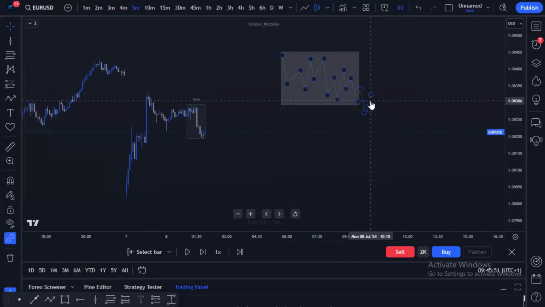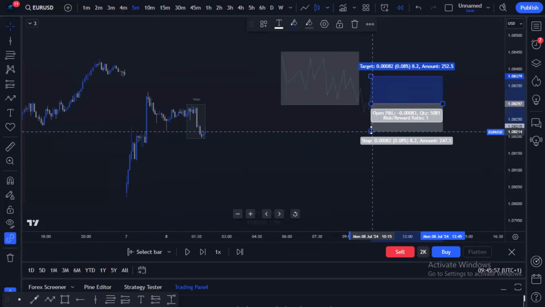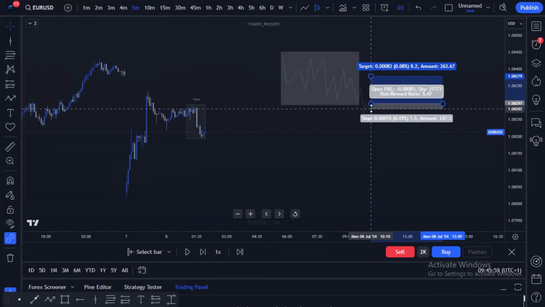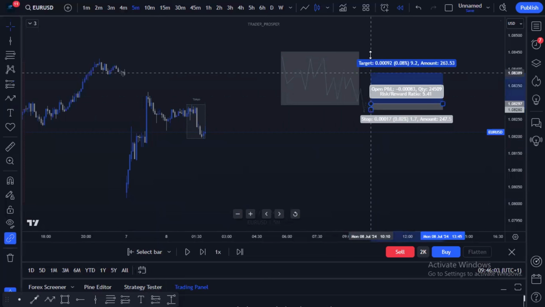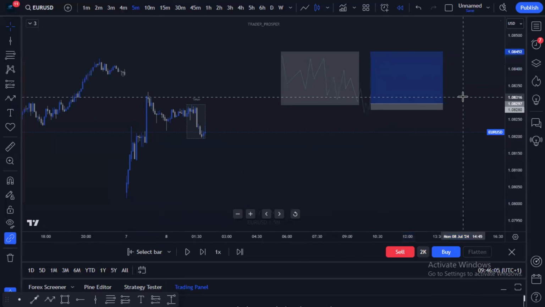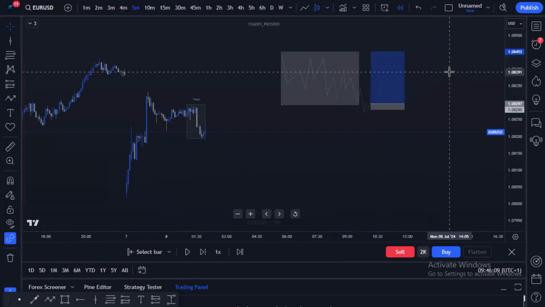Then I'll be entering at this point, and my stop loss will just be set at the previous retracement down. I might take profit somewhere like this. So this is literally what I'll be showing you guys today, how to get into this kind of trade.